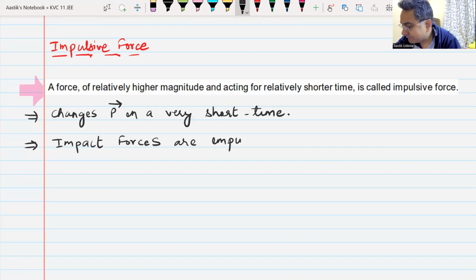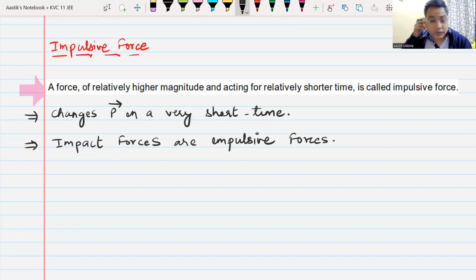Whenever we have an impact between two bodies, then the forces that act between the two bodies can be called impact forces, and these forces are always impulsive in nature.